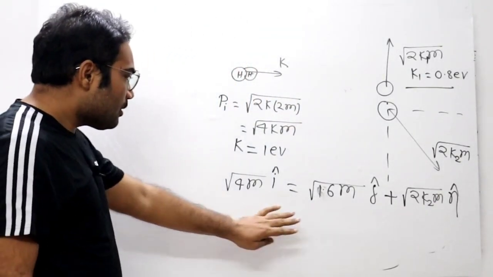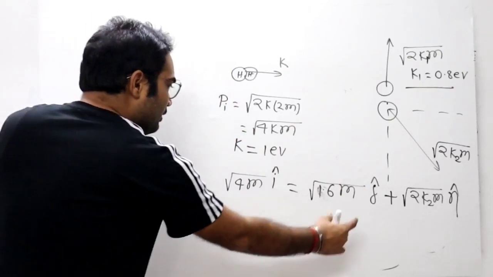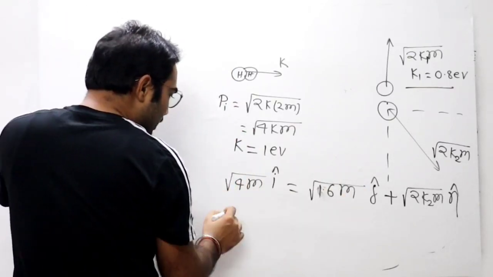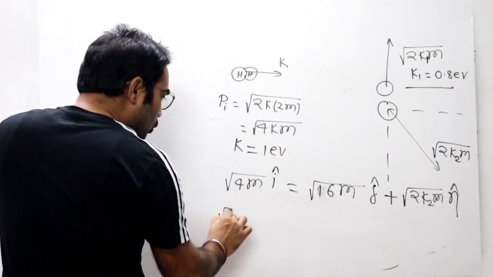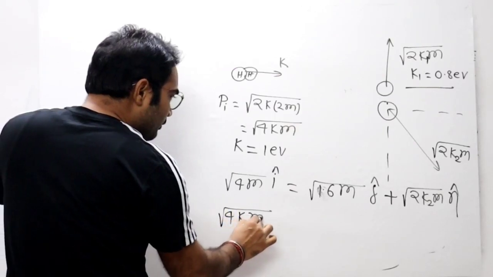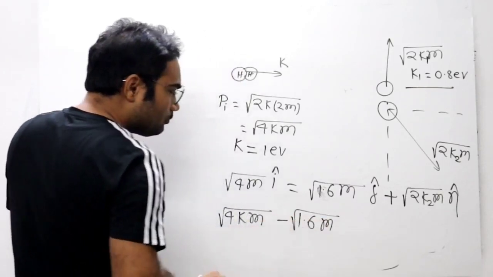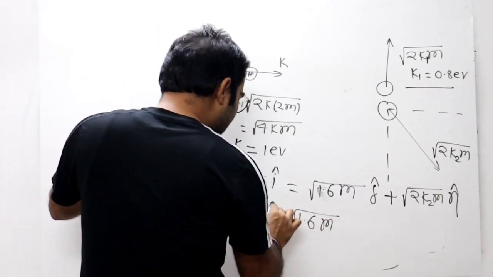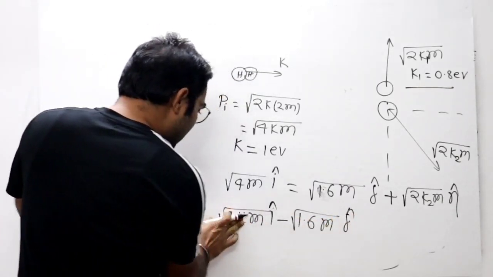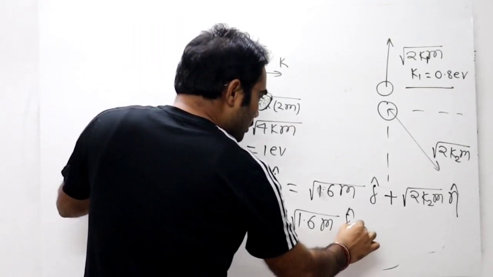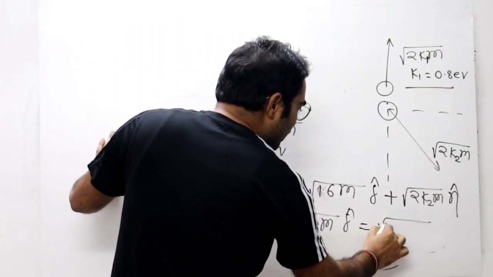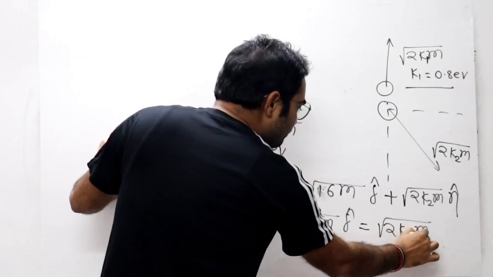Now if you take this term to the other side, then root under 4Km i cap minus root under 1.6m j cap is equal to root under 2K2m.